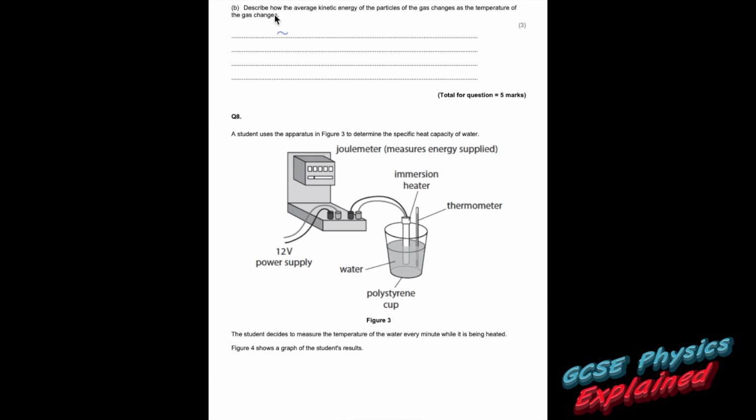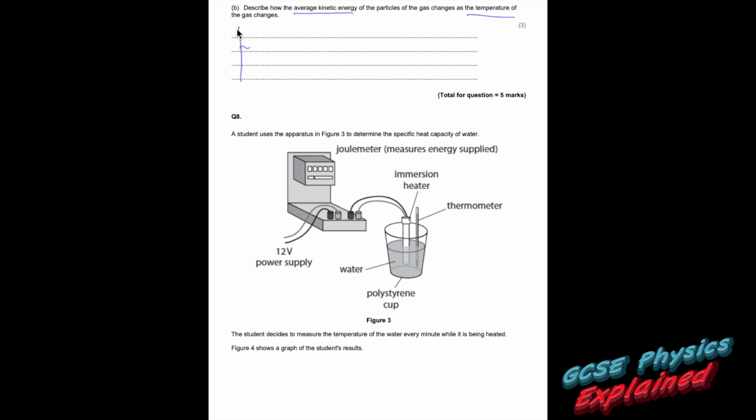Part B. Describe how the average kinetic energy of the particles of the gas changes as the temperature of the gas changes. So we're looking for the link between average kinetic energy and temperature.